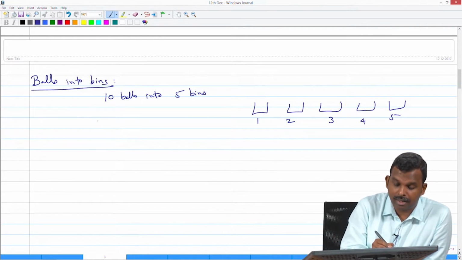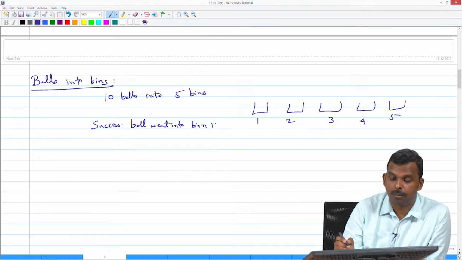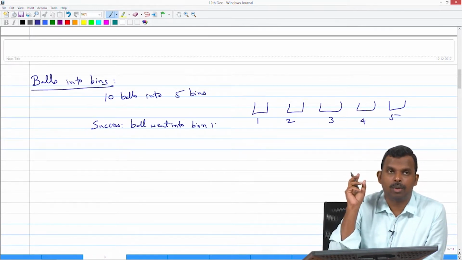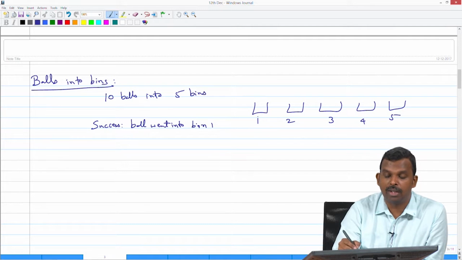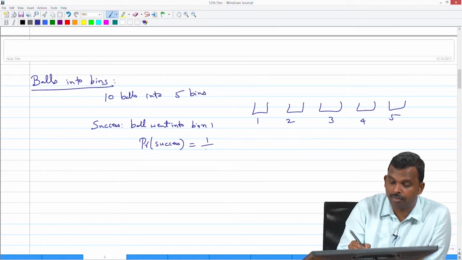I am interested in a success event, which is that the ball went into bin 1. I am going to count it as success if the ball went into bin 1 and failure if it went into anything else. So, the probability of success is actually 1 by 5.